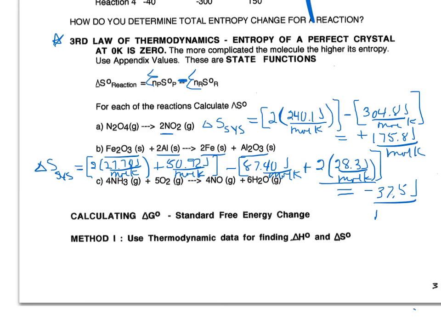That again is joules per mole Kelvin. Now, we talked about the fact that you have basically the same amount of elements, the same states, the same amount of molecules. If you look at this, this is very close to being a zero change in entropy. It's a little bit of a decrease, but not a whole lot. All right.